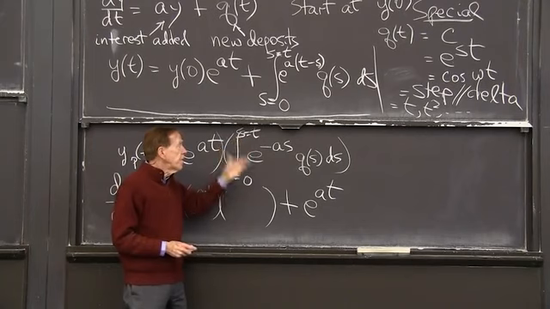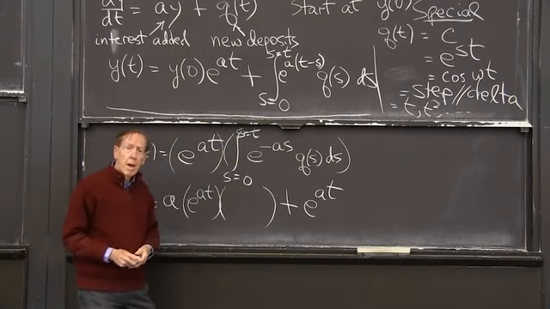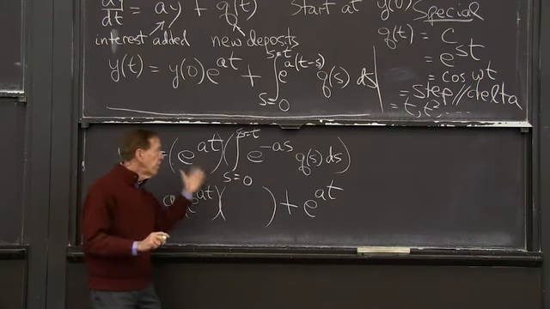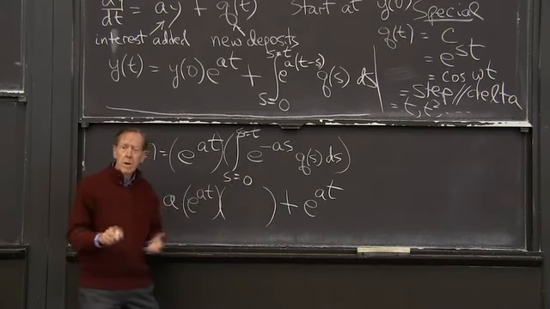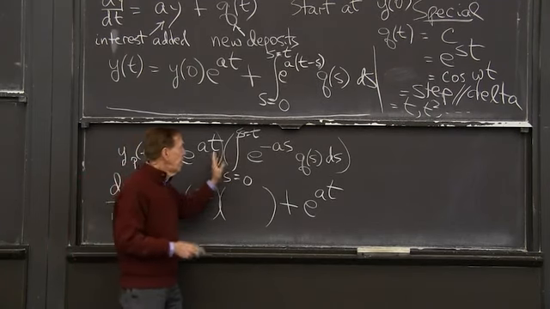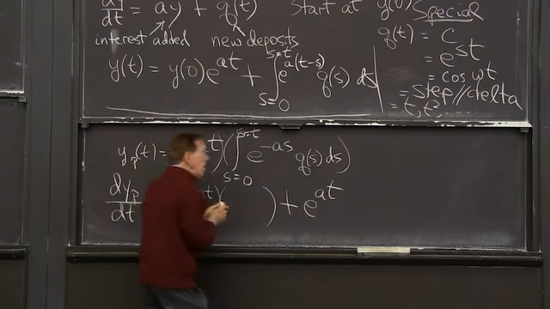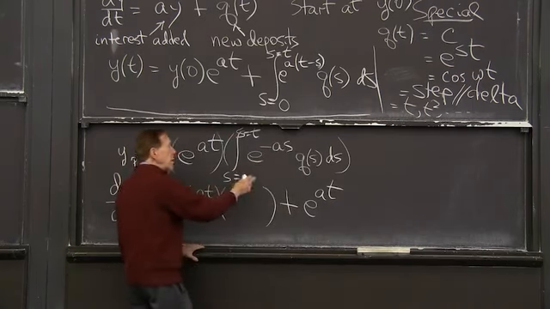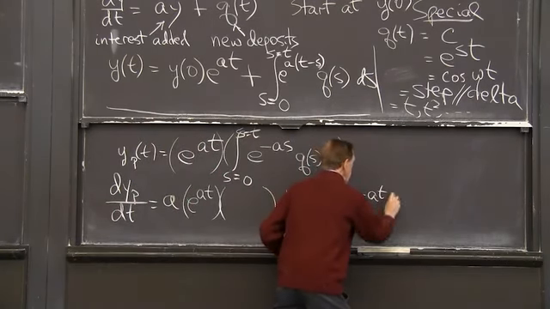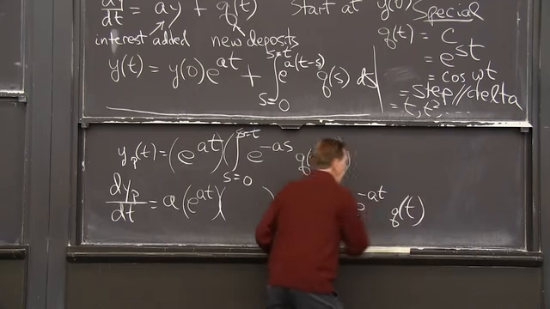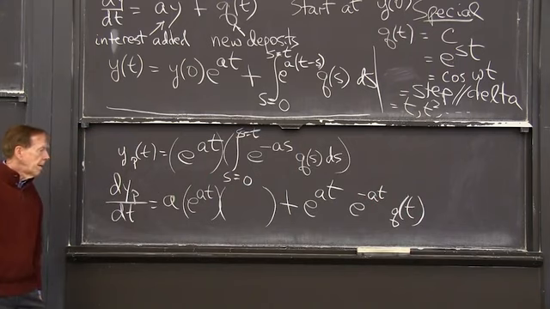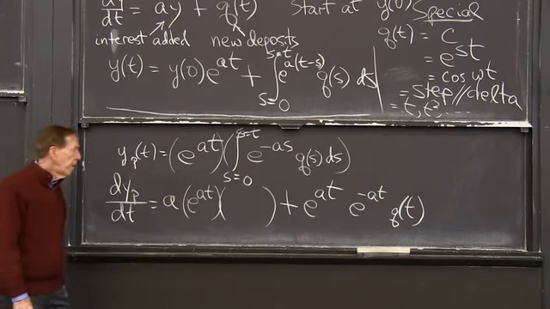It's the integral up to time t of some function. And the fundamental theorem of calculus says that the derivative of the integral is the original function. So the derivative of this integral is the original function that we integrated, at time t. So it's e to the minus at q of t. That's the second term from the product rule.